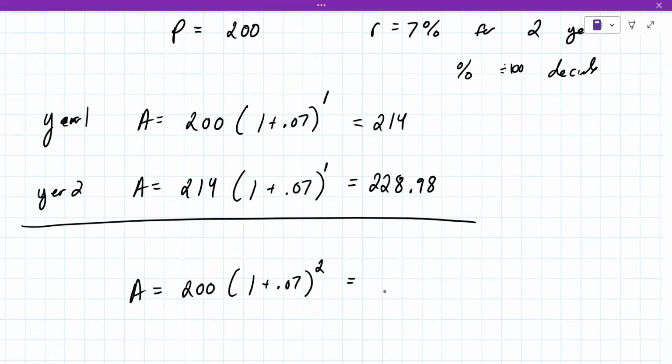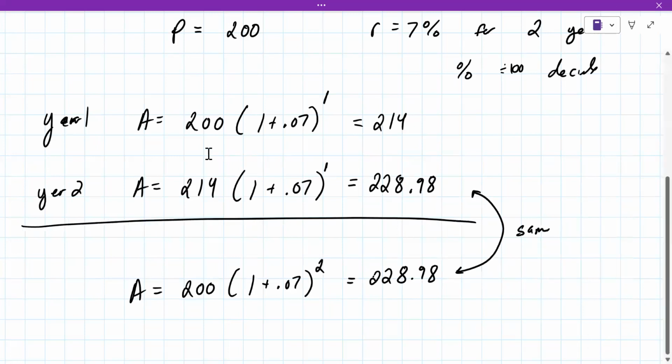Will you calculate that for us, please? 228.98. Very good. Notice these are the same.